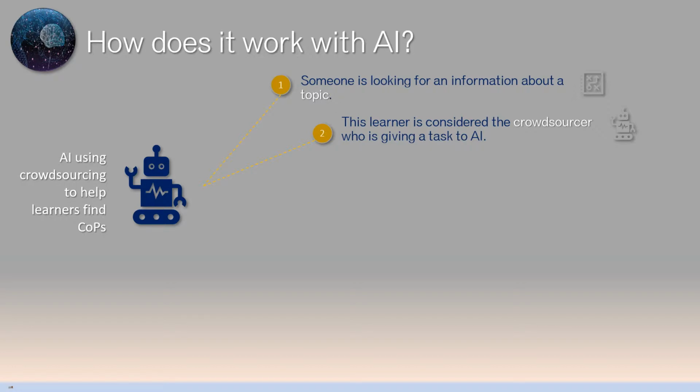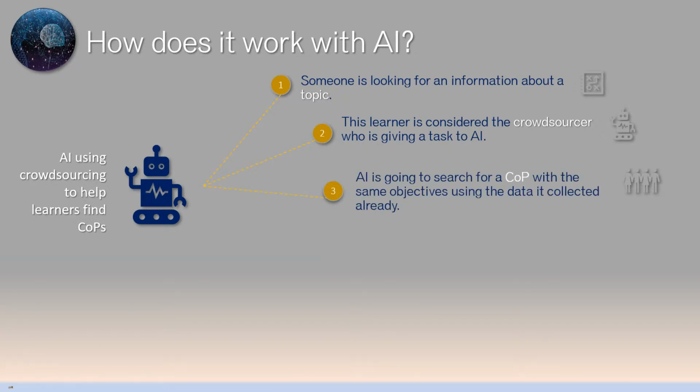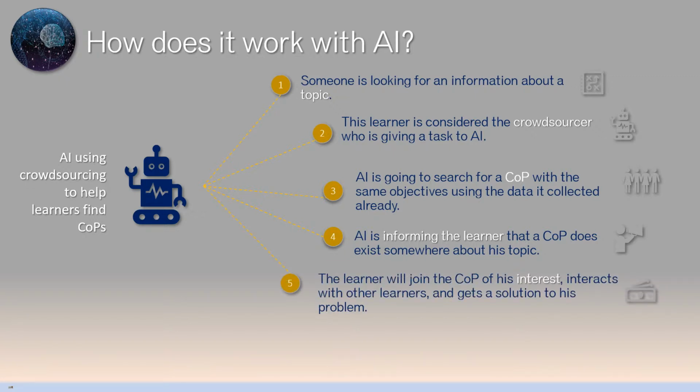To have a narrow description of the task, artificial intelligence will look for an organization or let's say a community of practice or any collectivity that is dealing with the same problem. Once located, the machine is going to inform the learner that there is a community somewhere developing a collective intelligence about the same topic or problem. The learner will join the community of his interest, interact, and share ideas. Then he will go back to his organization with the best solution in a short time.